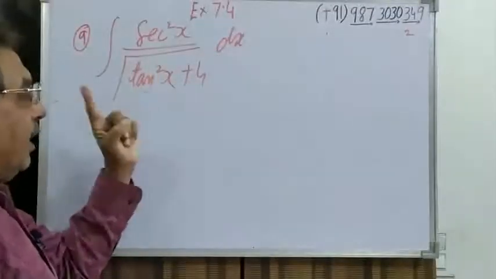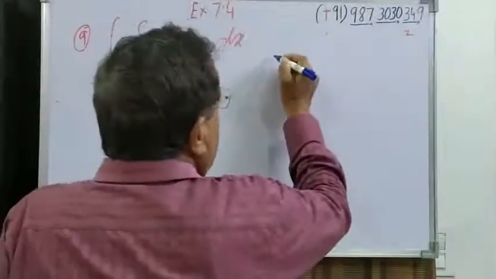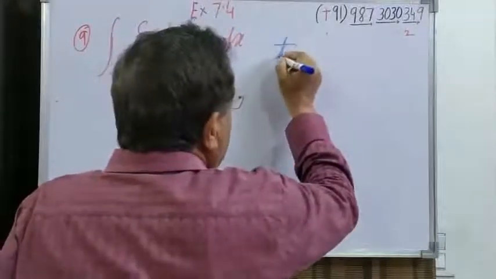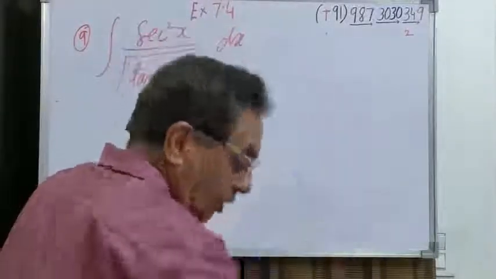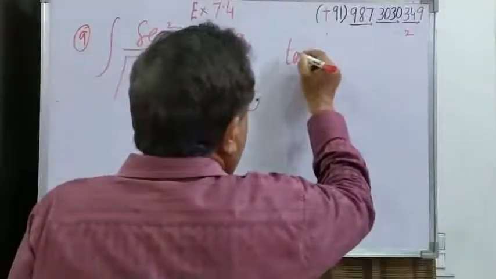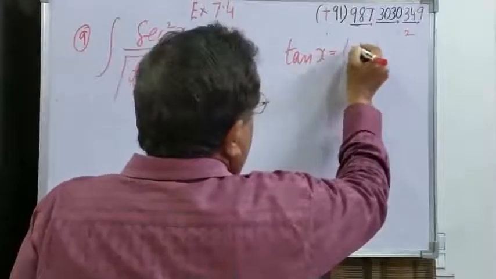Now it is very clear: this is secant square x dx, so I take tan x equal to t. Then the question takes one of the forms of our 6 formulae, so one of them can be applied. Let tan x equal to t.